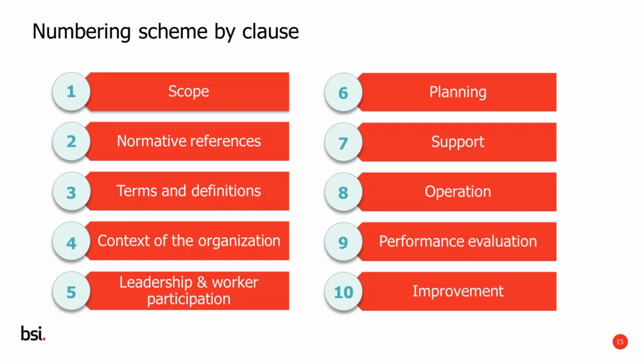And as you know, the high-level structure has 10 clauses. Clause 1 looks at the scope of the standard, what it covers. So for 45001, it obviously addresses occupational health and safety, and not quality or environment or any other management system standards. Clause 2 makes normative references to other standards that are related to 45001.